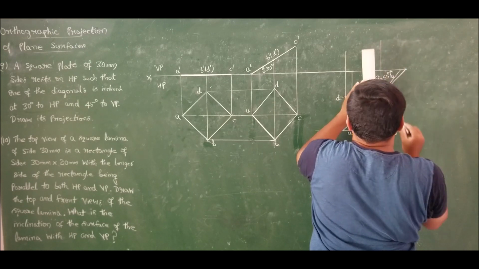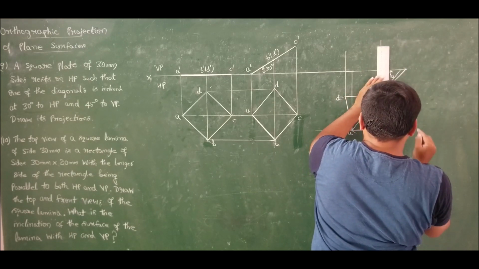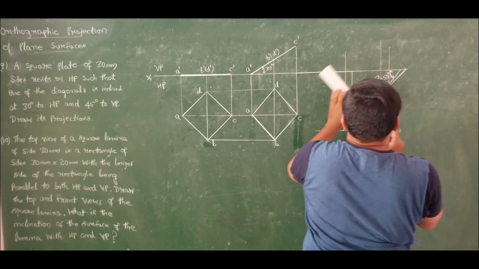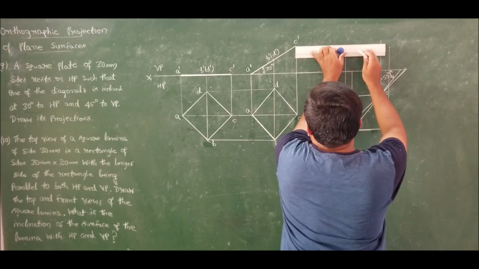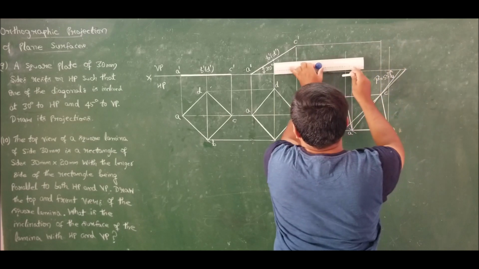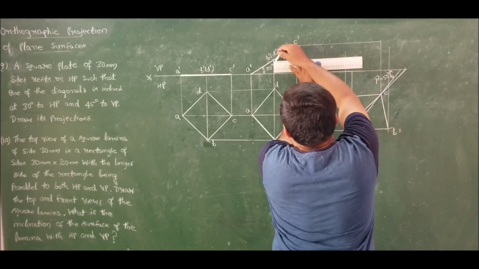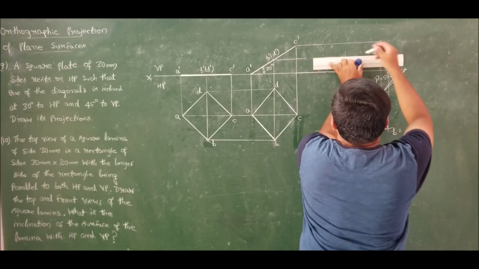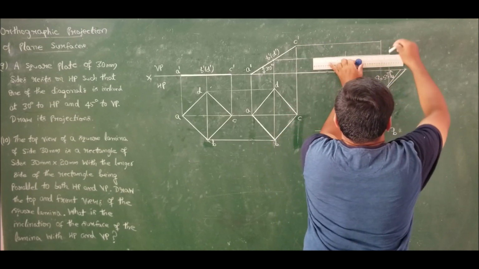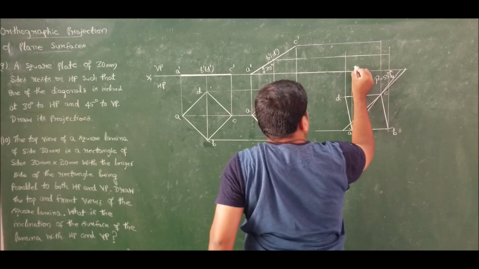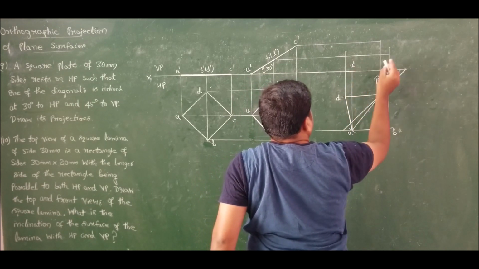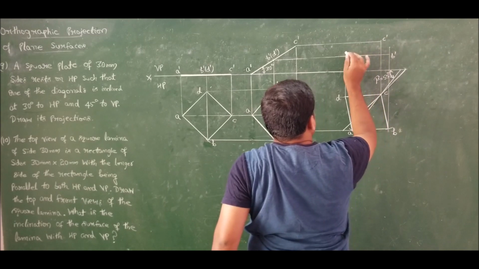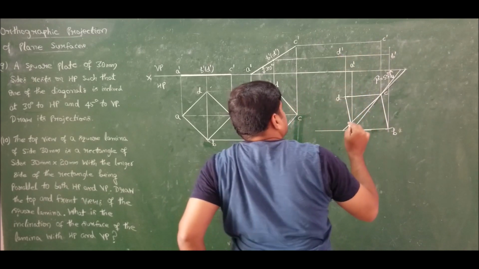Take the projection, and then we have D dash till here. Now take the horizontal projection, C dash, B dash and D dash. So we have A dash, B dash, C dash and D dash.